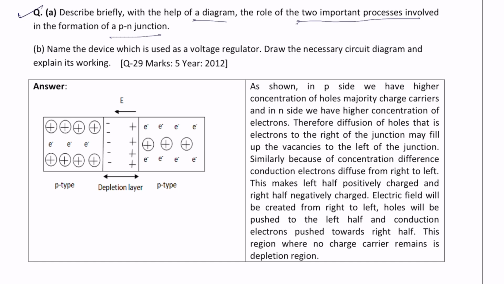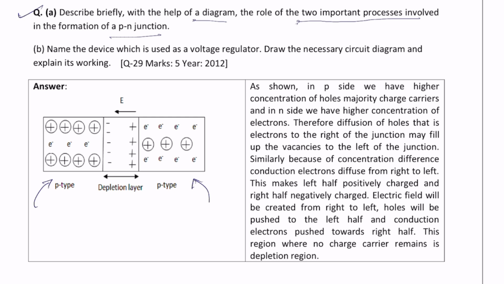One side is p-type, doped with a trivalent element like aluminium, where the majority charge carriers are holes, and the other side is doped with a pentavalent element like phosphorus, where the majority charge carriers are electrons.